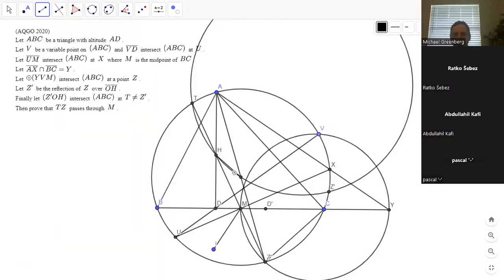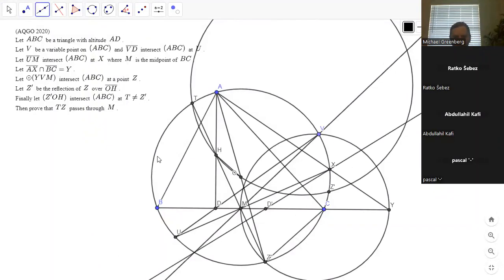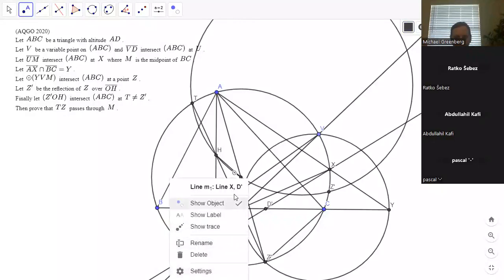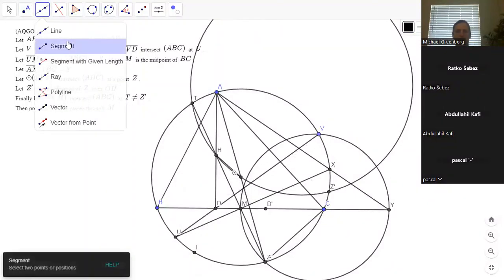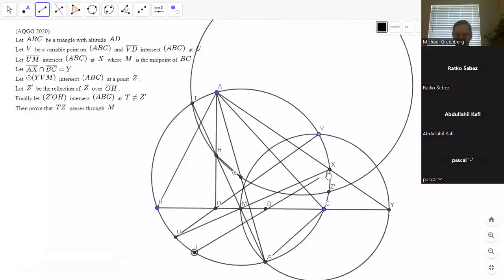Okay, hold on one second. It almost looks like they're parallel, but I don't think UV and XD prime are parallel, right? No, they shouldn't be.